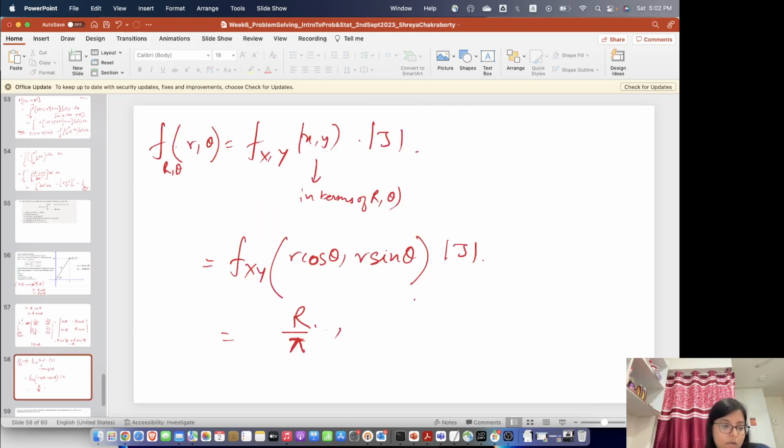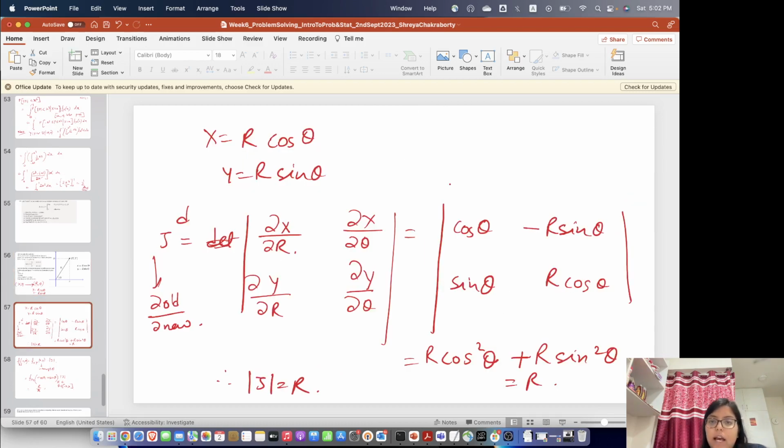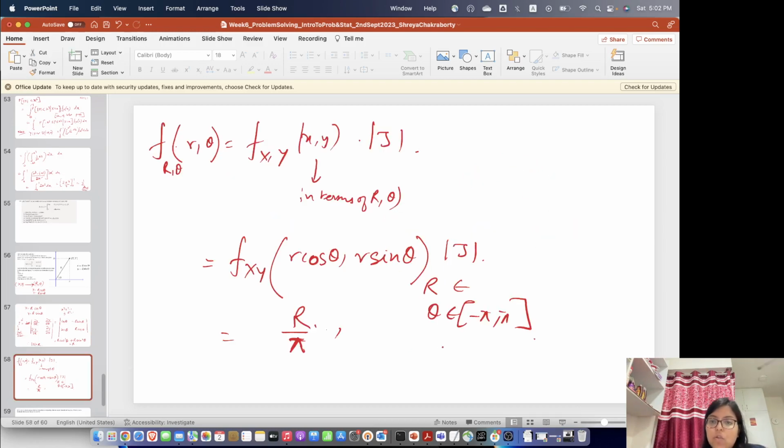So here we'll have theta ranging from minus pi to pi, and r can range from... Here we have x square plus y square equal to 1, so r square equal to 1, and r is greater than or equal to 0. It's given. So r can be from 0 to 1.